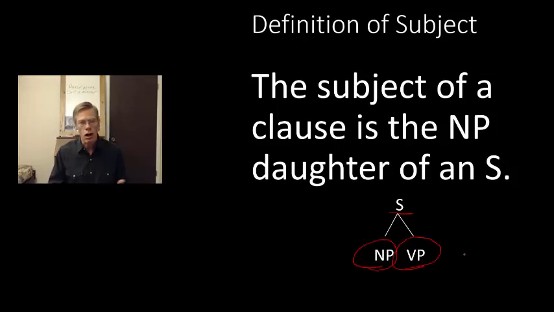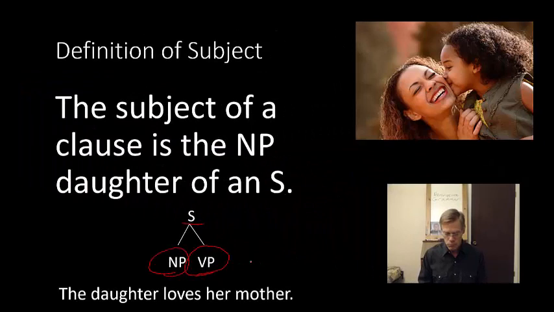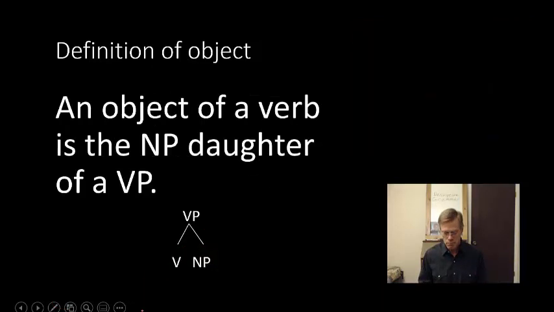So the noun phrase daughter of an S is the subject of a sentence. So, as an example, the daughter loves her mother. Here, the daughter, that noun phrase there, is the subject of that sentence.